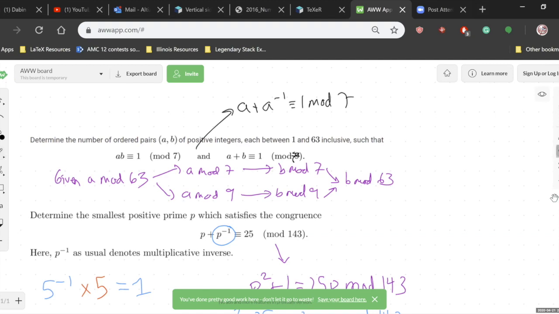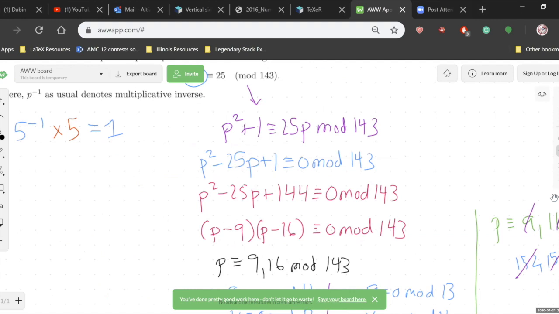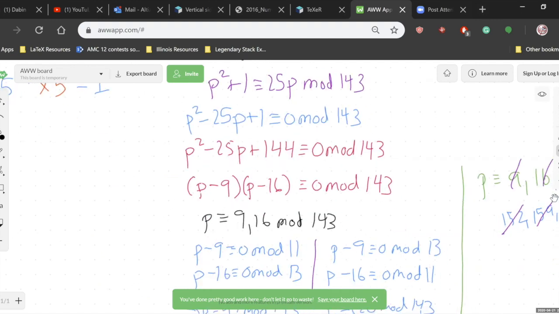In particular, I chose these numbers for a few reasons. I chose 143 and 25 so that you could take the quadratic and factor it easily. I was specifically looking at quadratics of this form, where if you take 1 plus something, it factors into something really nice, and it just so happens that perfect squares do the trick really easily here.